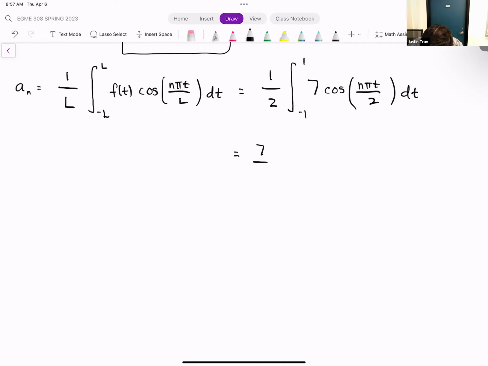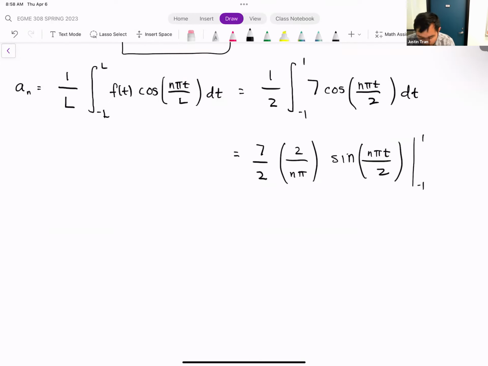We have 7/2 times the integral of cosine of n pi t over 2. We take the reverse chain rule, so you have 2/(n pi) times sine of n pi t over 2. We're going to evaluate this from -1 to 1.